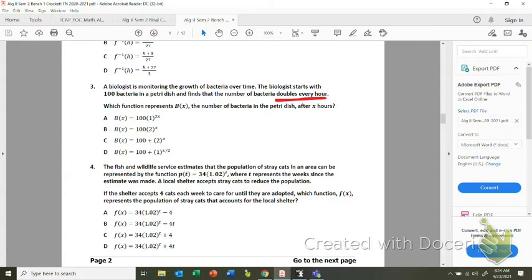Look at your choices. There is only one that is multiplying by 2. B. What is A doing? Multiplying by 1. C is not multiplying by 2, but adding 2. And D is adding 1. So the only thing it can be is B, because it says it doubles.